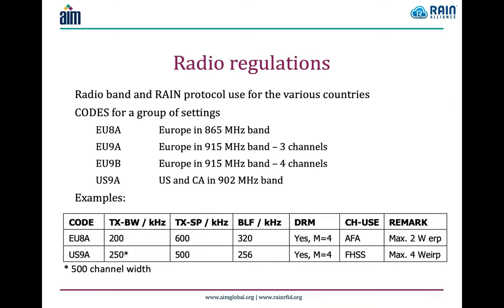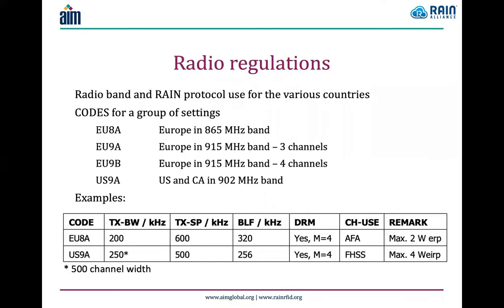So I listed here a few of the most popular ones. It's U8A, which means European band in the 865. So the first two letters always mean the country or region. Then it's the main frequency band, so 800 or 900 megahertz band. And then it's just a sequence A, B, C, whatever is necessary.